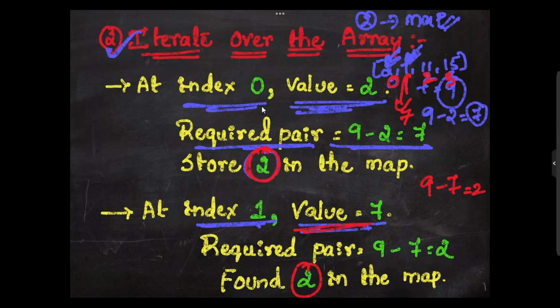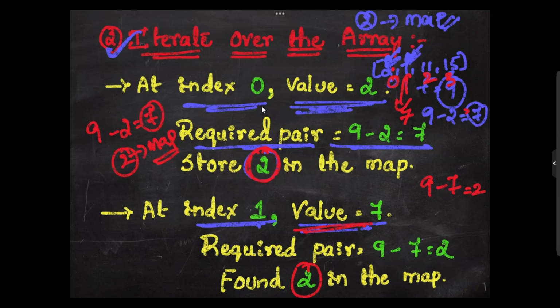Here the required pair was computed by subtracting the element present at the 0th index from the target. This became 9 minus 2 equals 7, and 2 is stored in the map. So 2 is present in the map now. Now we got the 7.